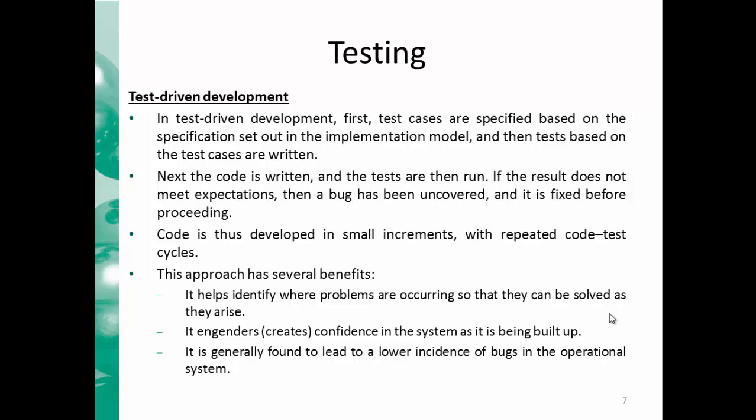It creates confidence in the system because it's built step by step, and we don't move to the next step unless we are sure that the previous steps are all correct and have no serious bugs. In general, the test-driven development approach is found to lead to a lower incidence of bugs in the operational system.